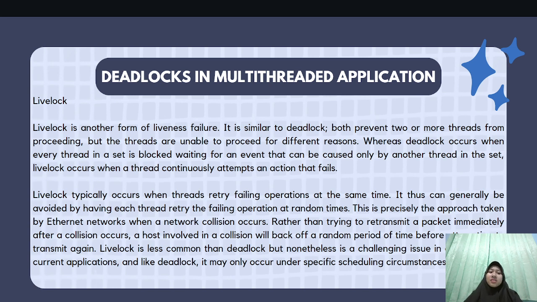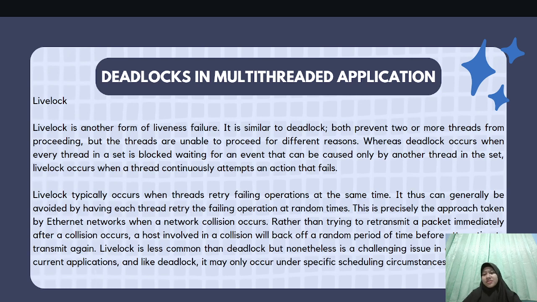Livelock occurs when a thread continuously attempts an action that fails. Livelock typically occurs when threads retry failing operations at the same time. It can generally be avoided by having each thread retry the failing operation at random times. This is precisely the approach taken by Ethernet networks when a network collision occurs.